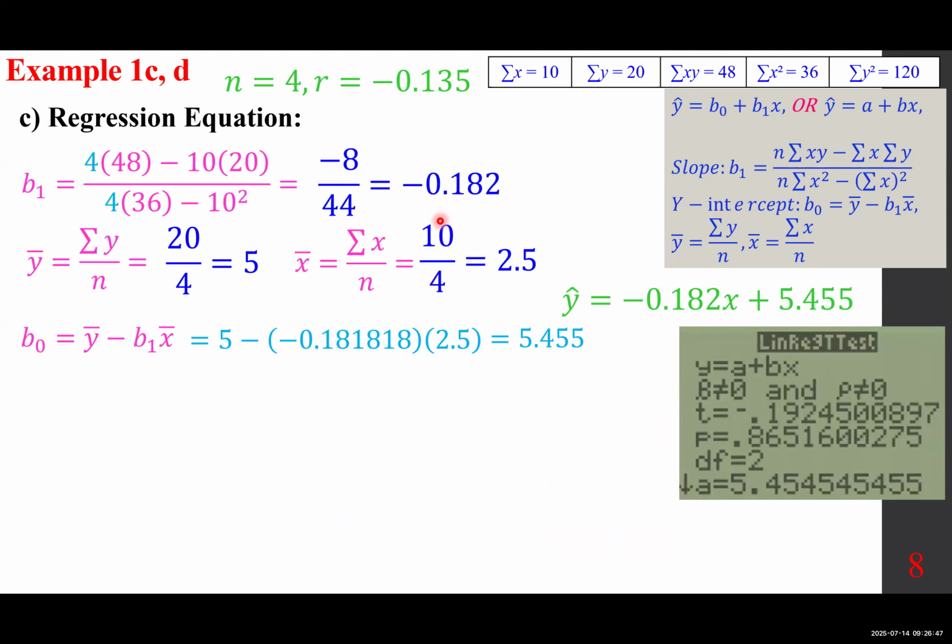So according to what we have here, y bar is negative 0.182x plus 5.455. So this was done by hand. And notice they call it a plus bx.